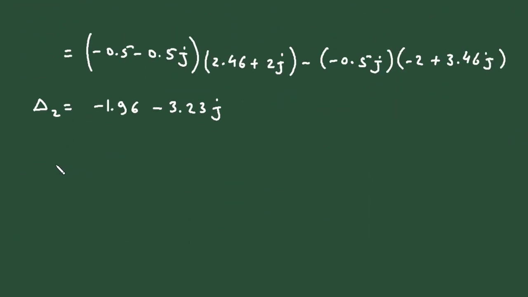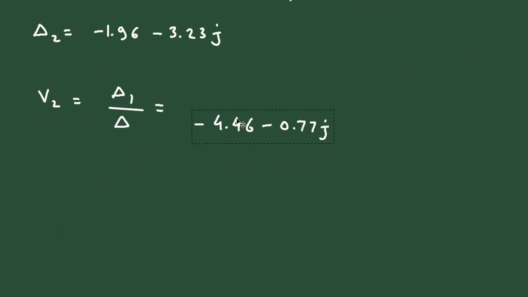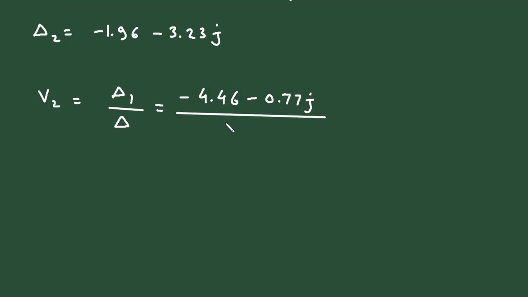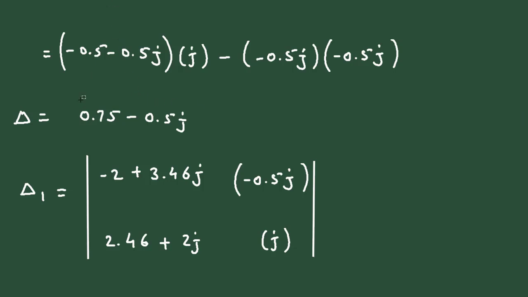So for finding the value of V2, delta 1 divided by delta. The value of delta 1 is this, divided by delta, which is this.